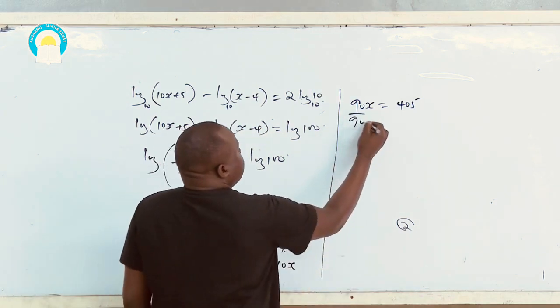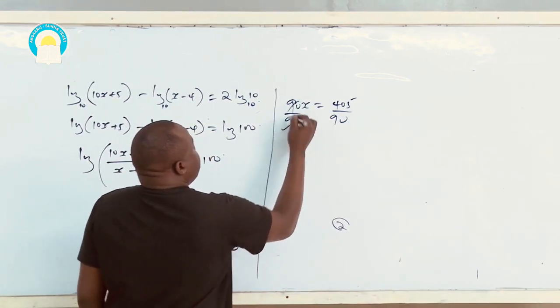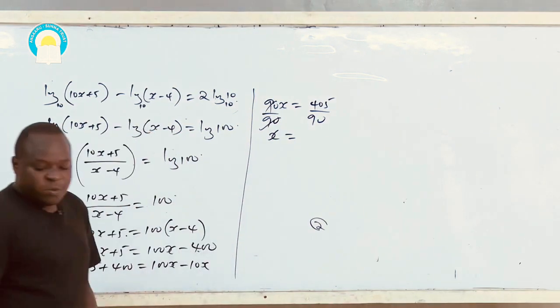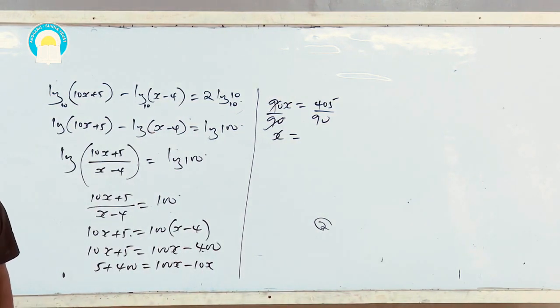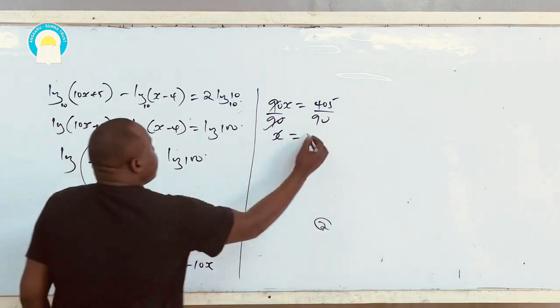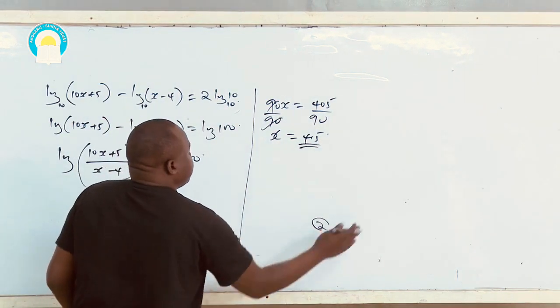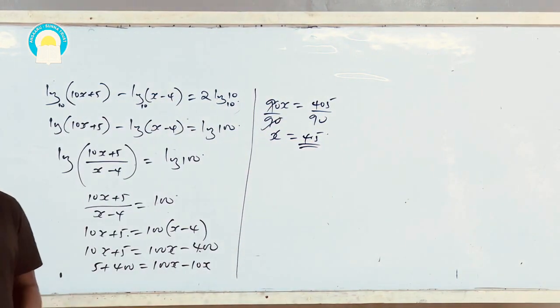So when you divide this, the answer should be 4.5. That is it. The next example.